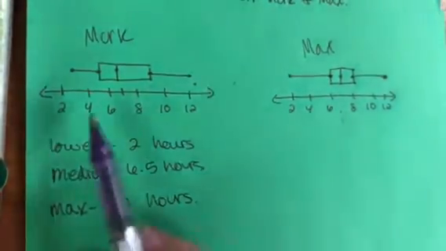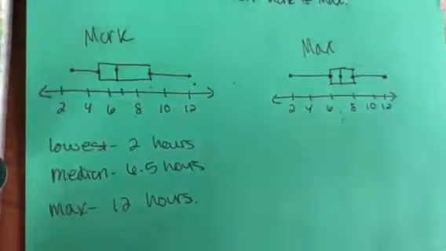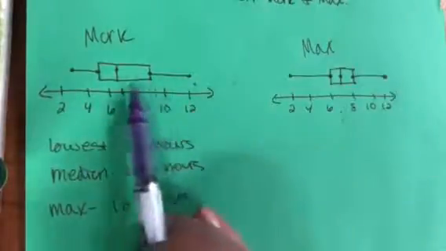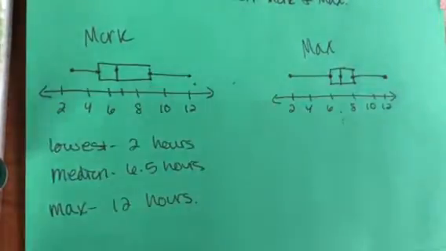So now what do the upper and the lower quartiles represent in this problem? The averages of the lower and the upper data. So when we're looking at this, does Mark tend to spend less time or more time doing his homework?